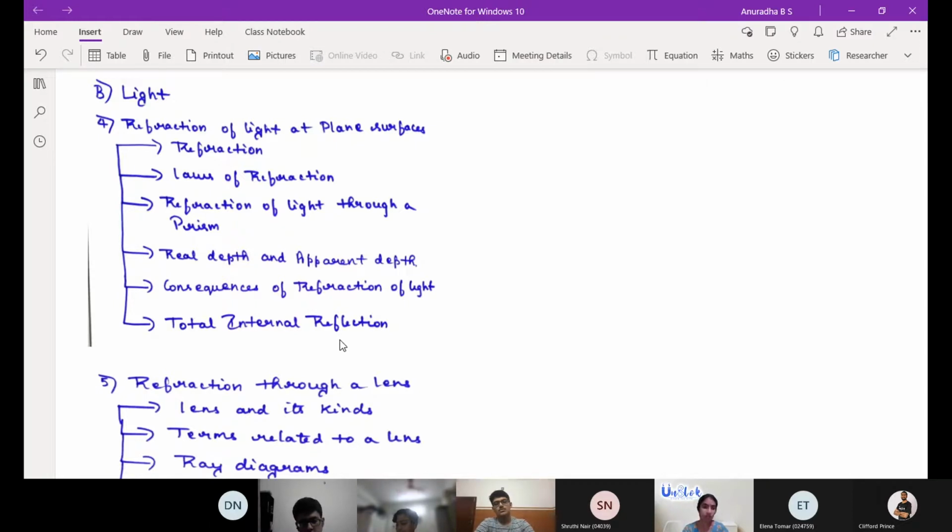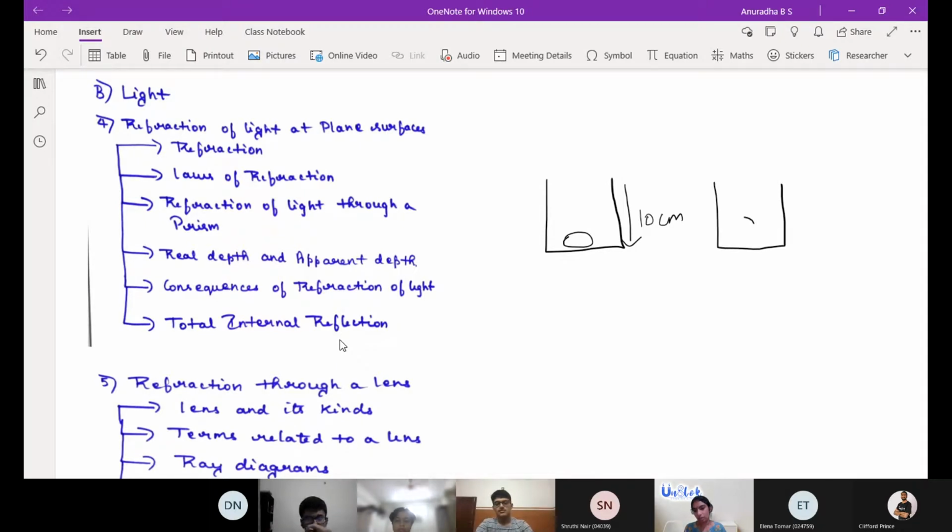The next concept is real depth and apparent depth. When I take a bucket of water and put some object in it, the actual depth is around 10 centimeters.